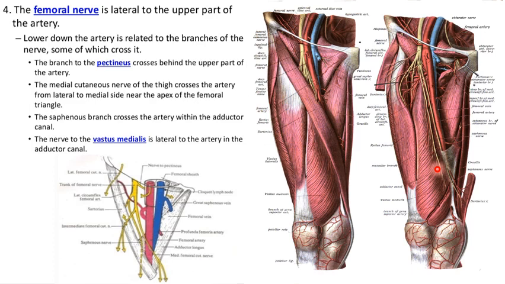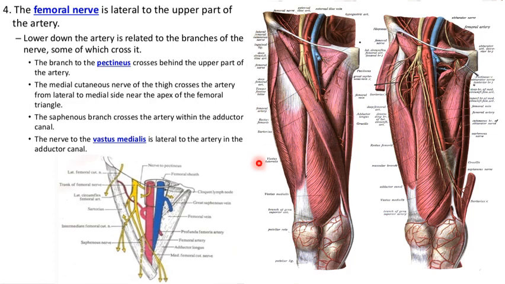So there are 4 nerves that are related to the femoral artery here in the front of the thigh, that is in the femoral triangle and in the adductor canal. From above downwards, let us see what these nerves are.